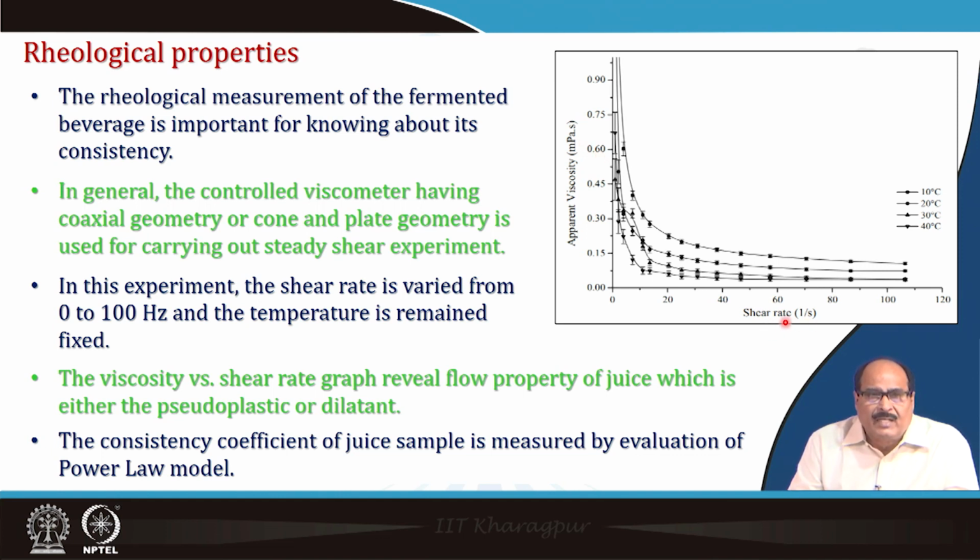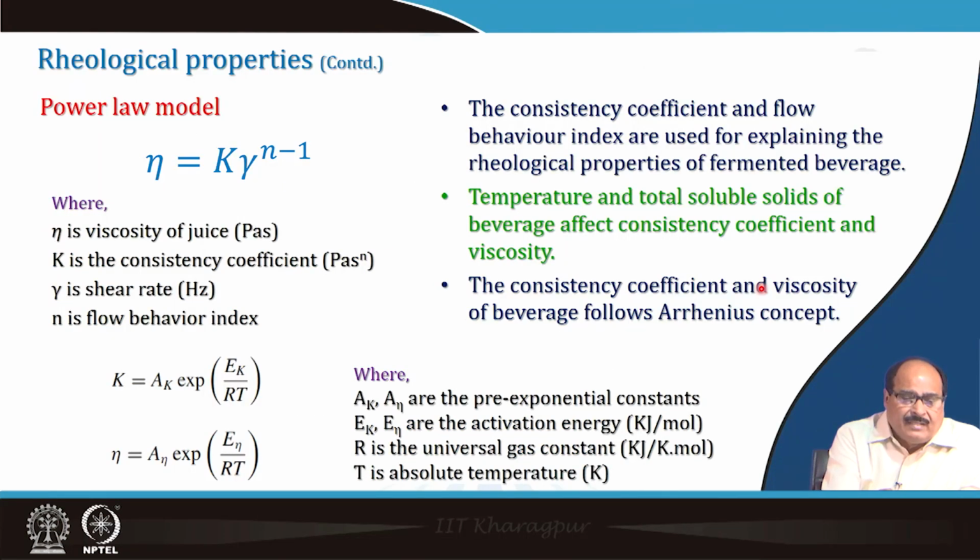The viscosity versus shear rate graph reveals the flow property of the juices, whether it is pseudoplastic or dilatant. The consistency coefficient of the juice sample is measured by evaluation of the power law model. The power law model says that eta is equal to K gamma to the power n.